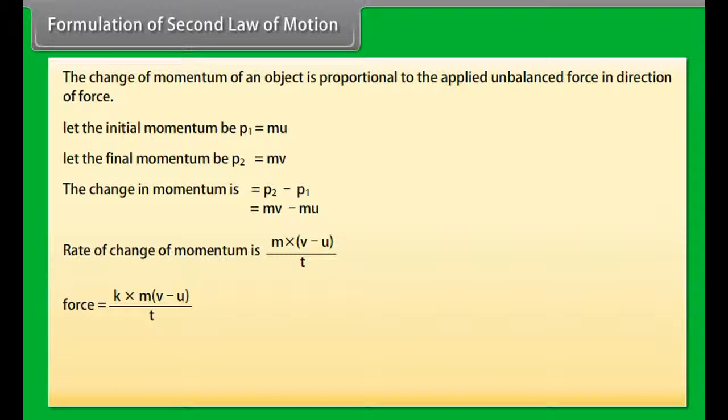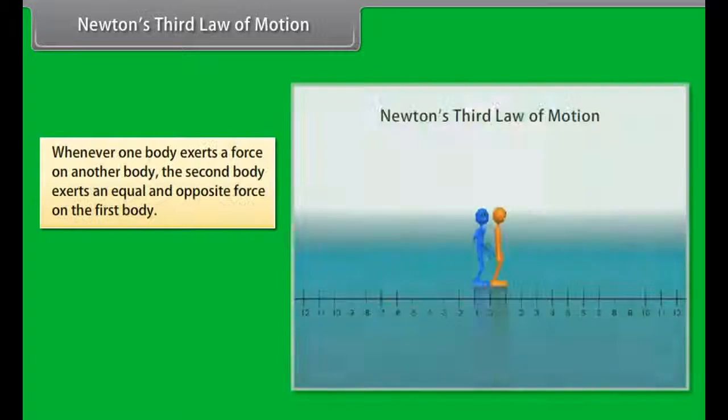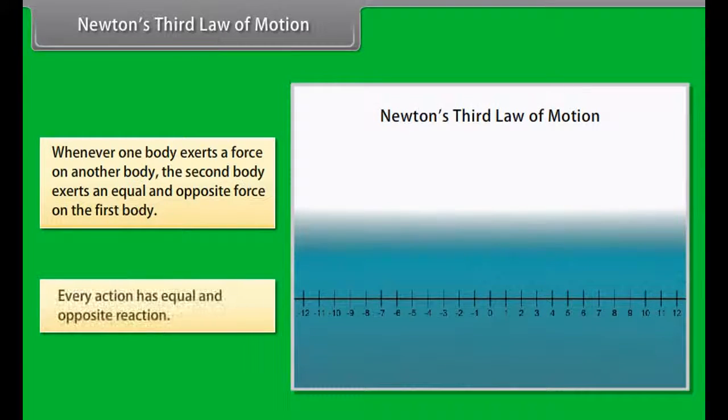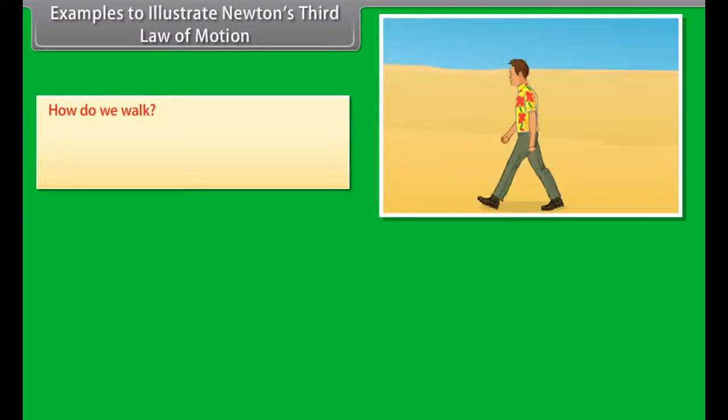Formulation of second law of motion. Let the initial momentum be P1, which is equal to mu. Let the final momentum be P2, which equals mv. The change in momentum is P2 minus P1, which equals mv minus mu.